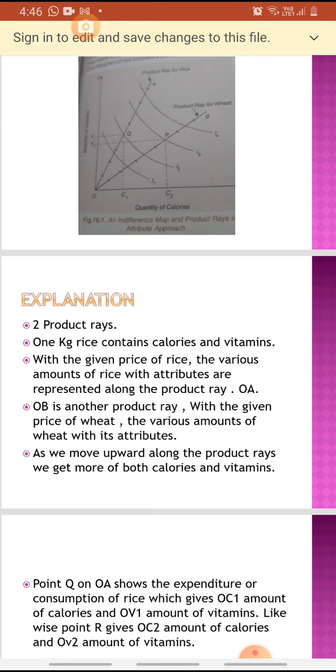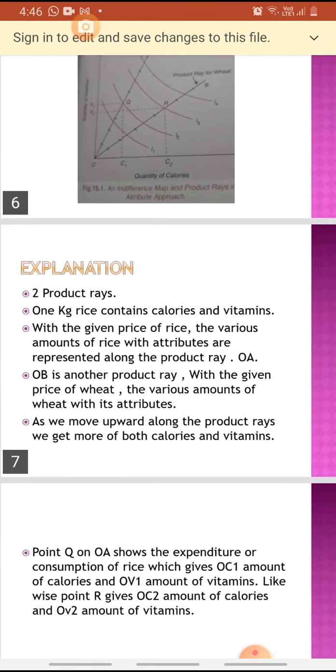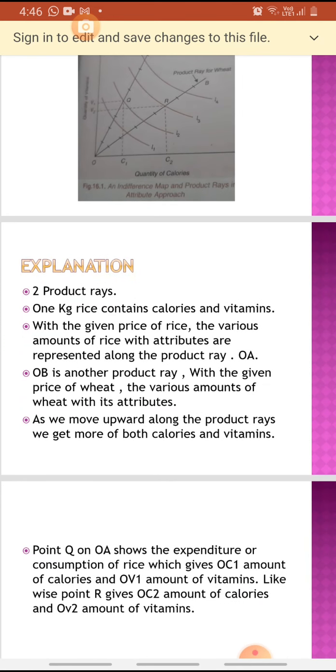With the given price of rice, the various amounts of rice with attributes are presented along the product ray OA. OB is the product ray for wheat, where various amounts of its attributes, that is vitamins and calories, are given.